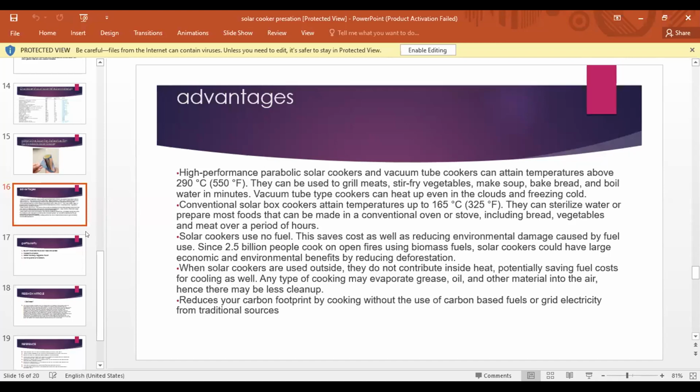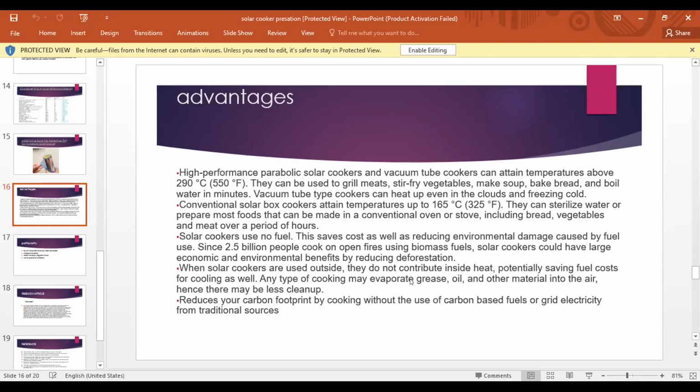Also, solar cookers use no fuel. The conventional solar box cooker attains temperatures up to 165 degrees Celsius, can sterilize water or prepare most food that can be made in a conventional oven or stove, including bread, vegetables, and meat over a period of hours.